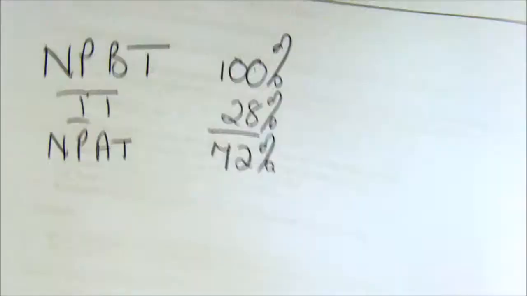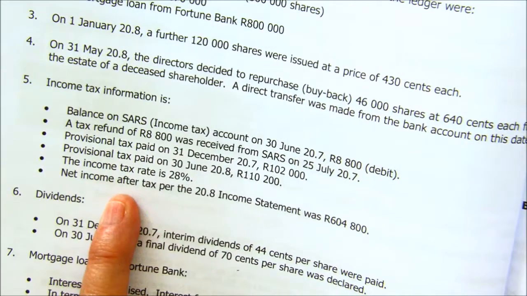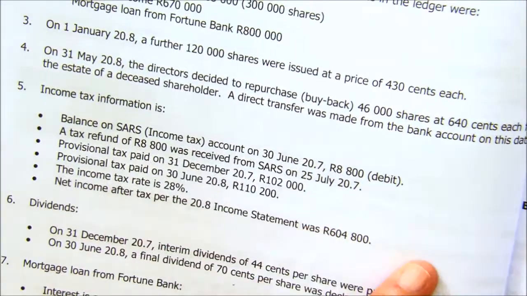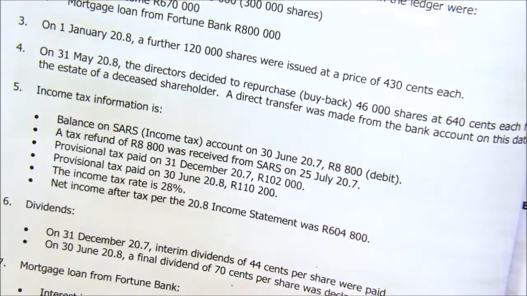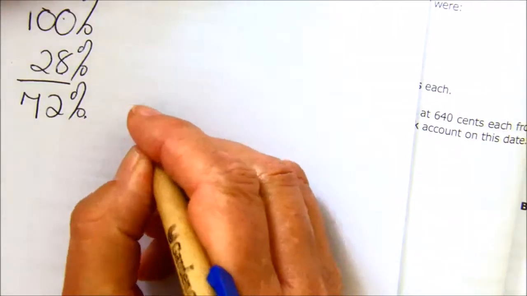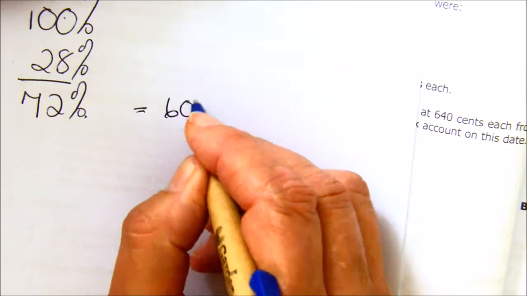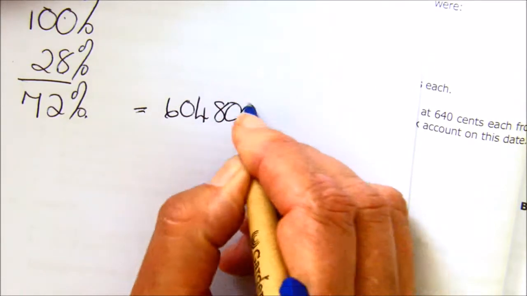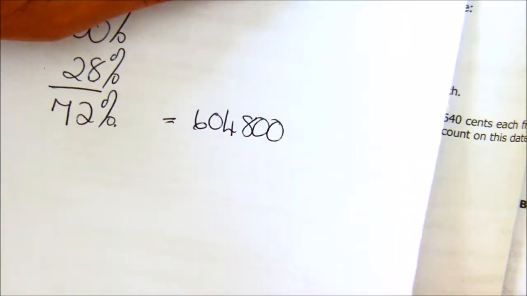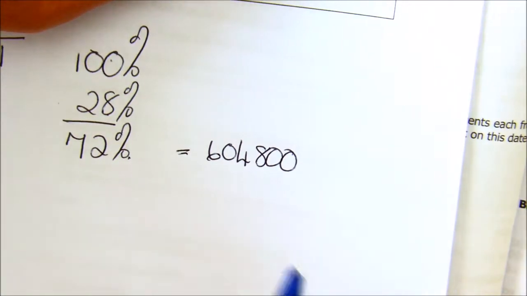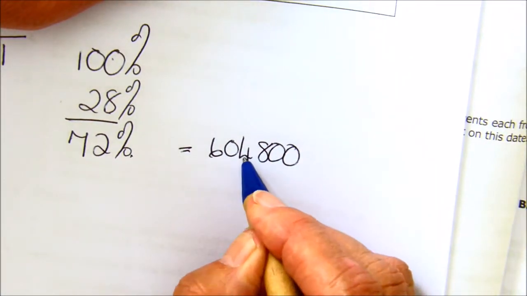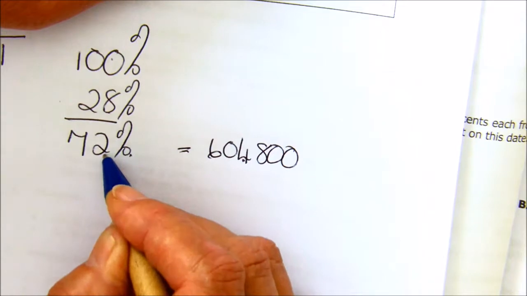Now, the figure that we are told is that my net income after tax was 604,800. I've used this a couple of times in the book with you. That is the figure that you're given, and that is equal to 72%.